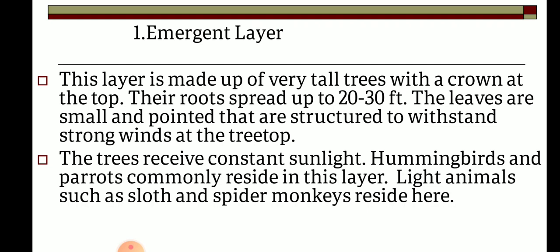The leaves are small and pointed that are structured to withstand strong winds at the tree top. And these trees receive constant sunlight. Hummingbirds and parrots commonly reside in this layer. Light animals such as sloth and spider monkeys reside here in this layer.